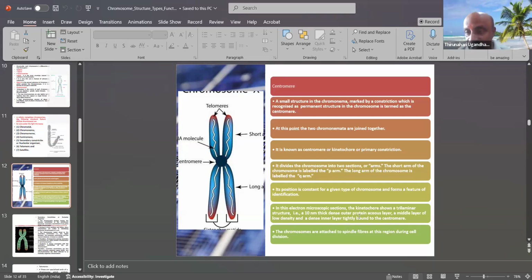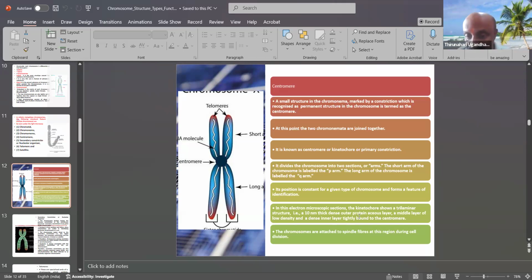It is the attached part of the two chromatids, the point where the two chromatids are joined together. It is also called the kinetochore or primary constriction.